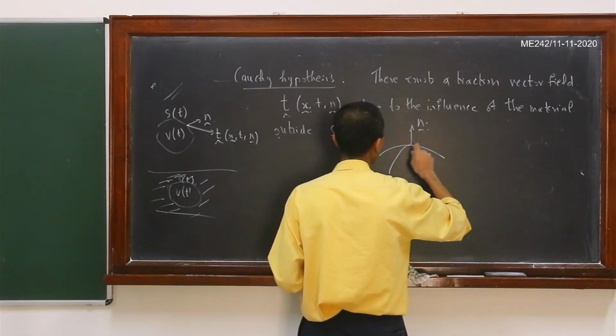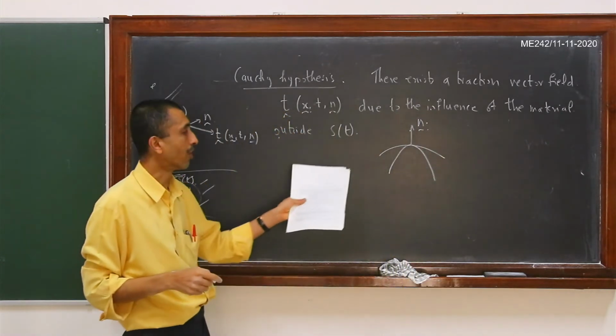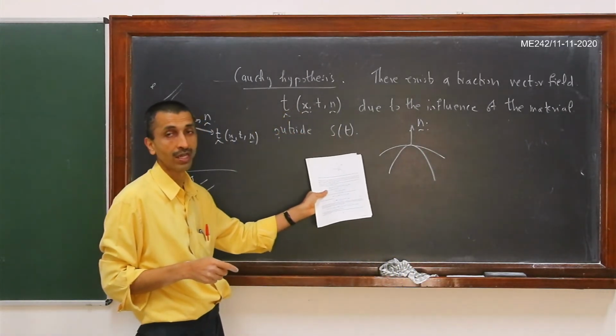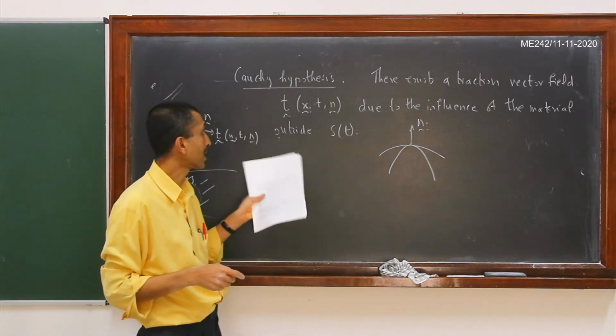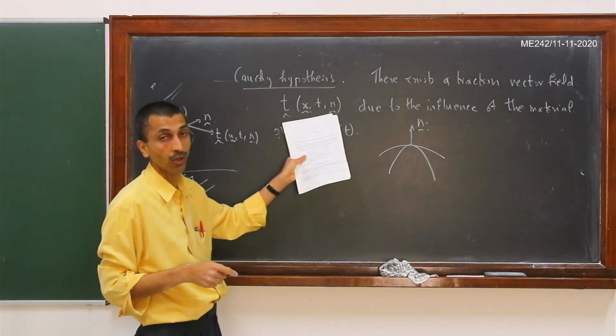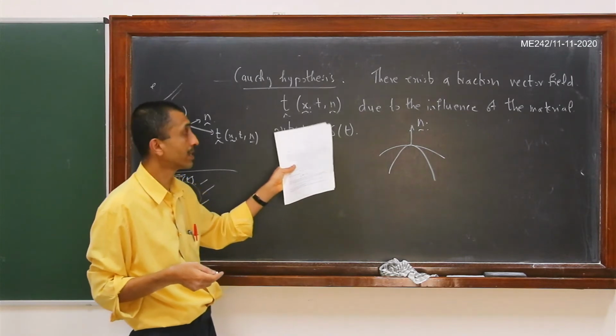The curvatures of these two surfaces that I have drawn are different, but the traction vector depends only on the normal. It doesn't depend on the curvature. That is the hypothesis.